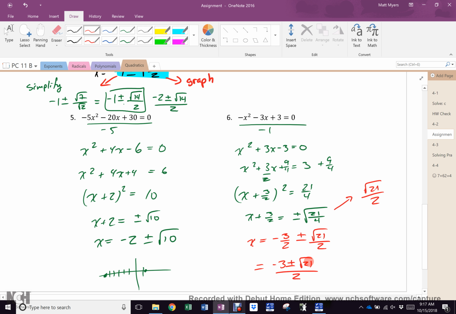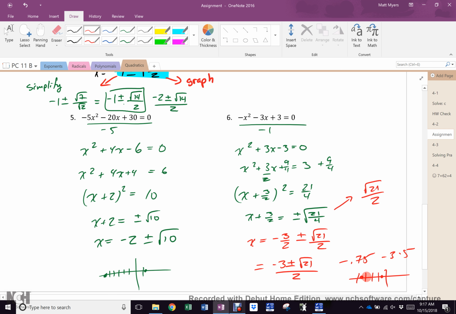Negative 3 plus 4.5 is 1.5, divided by 2 is 0.75. Negative 3 minus 4.5 is negative 7.5, divided by 2 is negative 3.75, right? So it would be negative 7.5, 1, 2, 3, 4, and there. Everybody good?